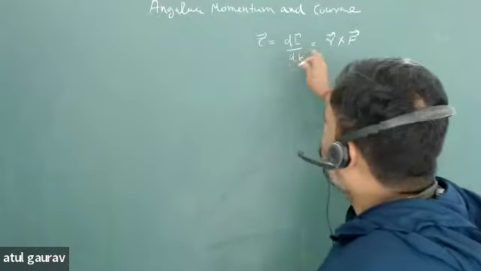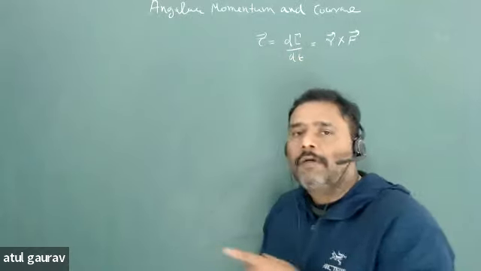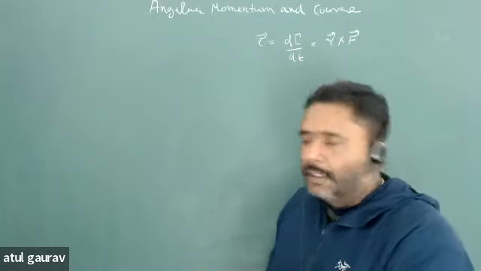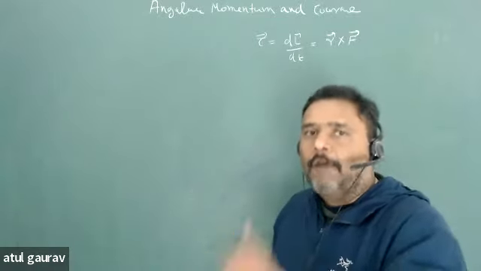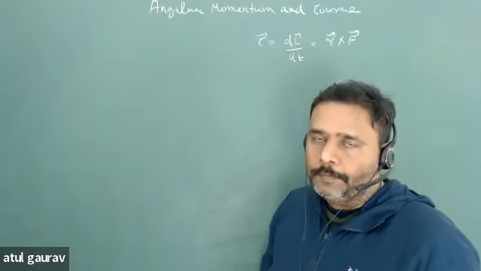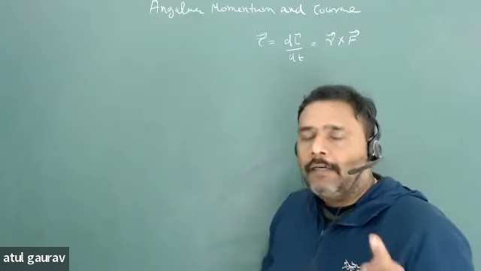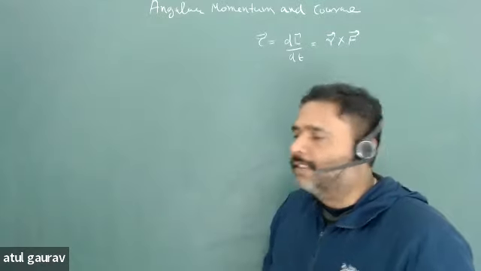And obviously if you are talking about torque, you are talking about which axis. Suppose you find some axis about which torque is 0, then you will get that angular momentum is conserved.